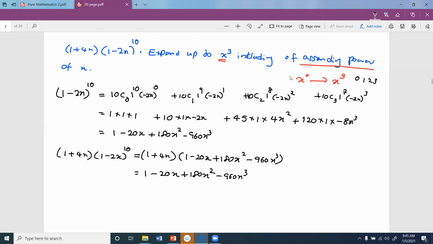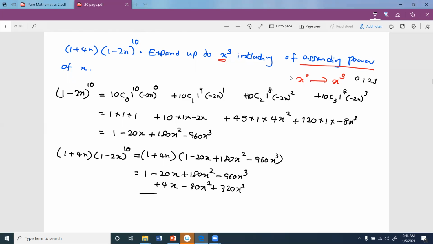Then I'll multiply with 4x. 4x into 1 is 4x. I'll just write it here below the same term. 4x into minus 20x is minus 80x to the power 2. 4x into 180 is 720x to the power 3. This one into this is x to the power 4. No need of writing it because they mentioned specifically we need the power up to x to the power 3 only, right?